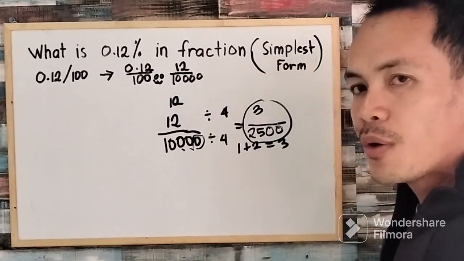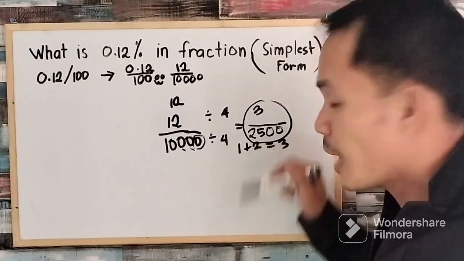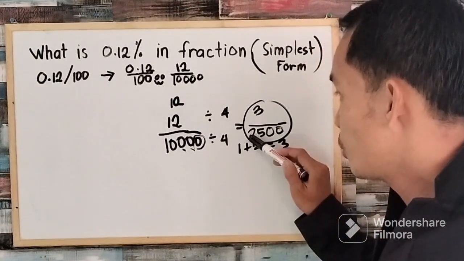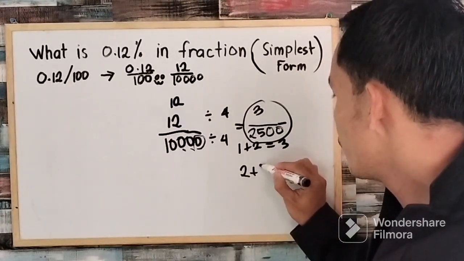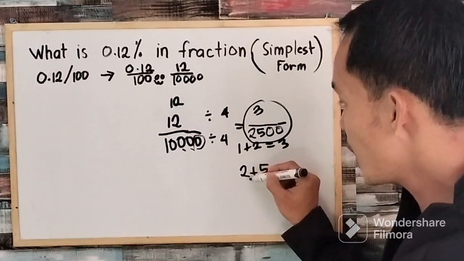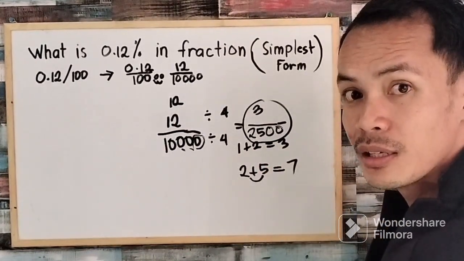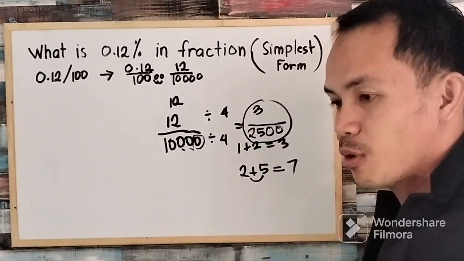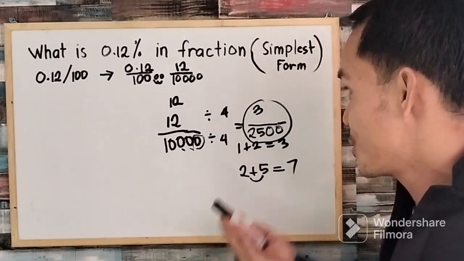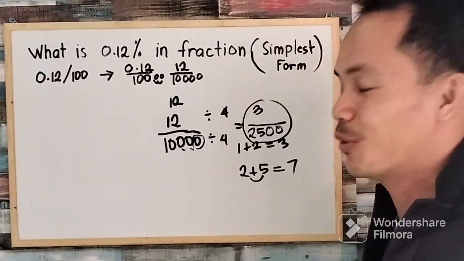How are we going to know if the number is divisible by 3? You simply add all the digits. We have digit 2, digit 5, and digit 0. If we add them together, that is 7. Is 7 divisible by 3? No. So that means 2,500 is not divisible by 3. Of course, we know it is not divisible by 4, 5 and so on. Why?